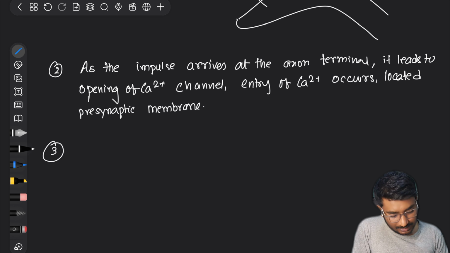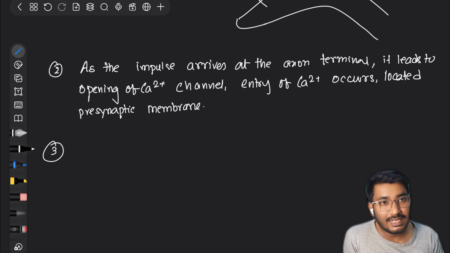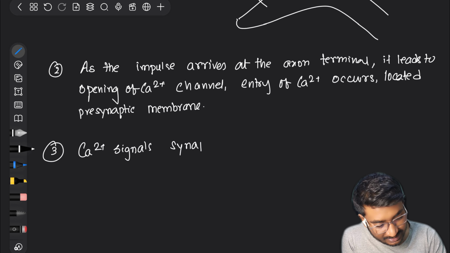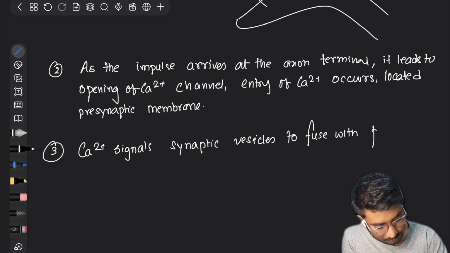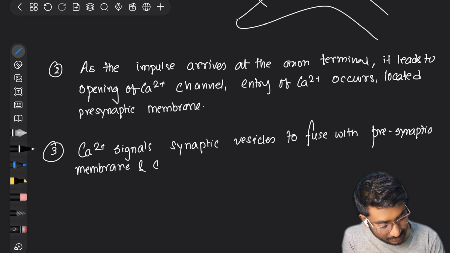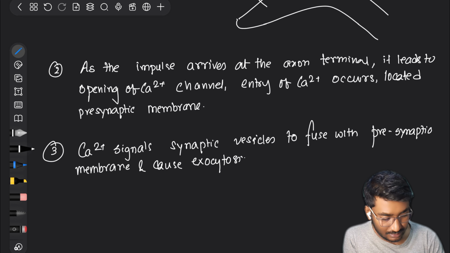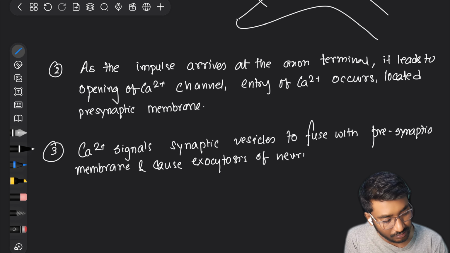In the third step, calcium signals the synaptic vesicles to fuse with the presynaptic membrane and cause exocytosis of the neurotransmitter in the synaptic cleft.